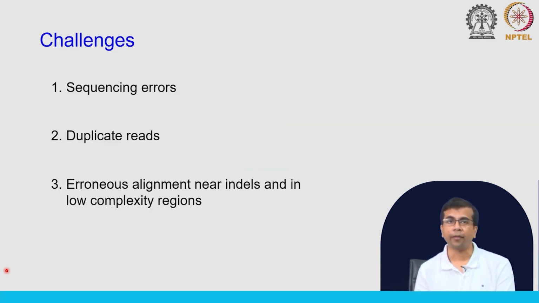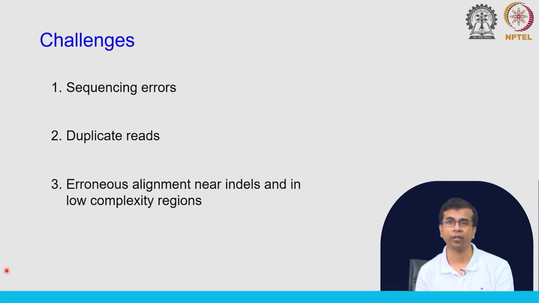Then you also have something called erroneous alignment. When you are doing this mapping, the mapping tool is not perfect, and it sometimes makes mistakes, especially if the alignment is disturbed when you have indels present, or if you are in low complexity regions. We have talked about what these low complexity regions are.